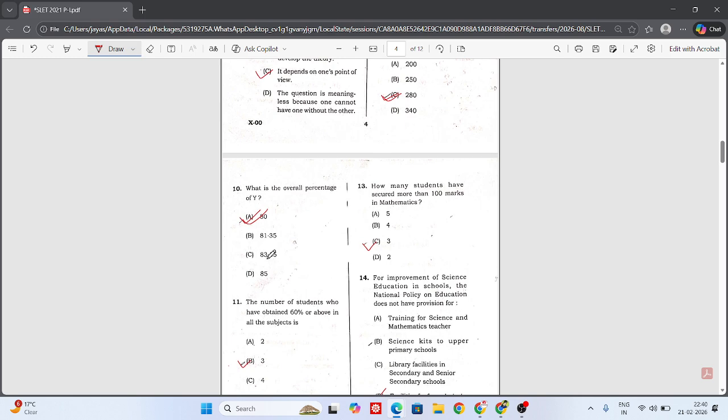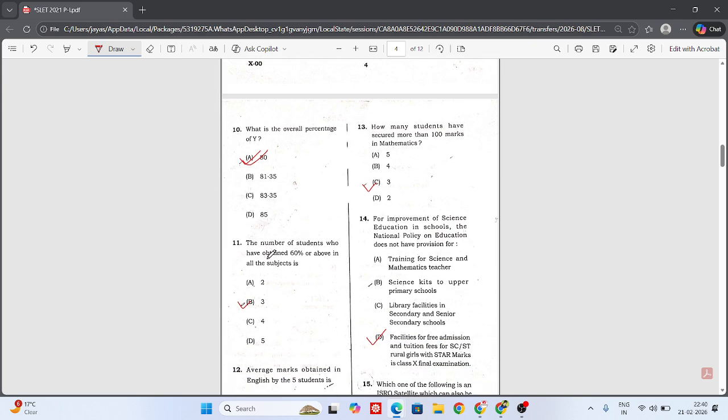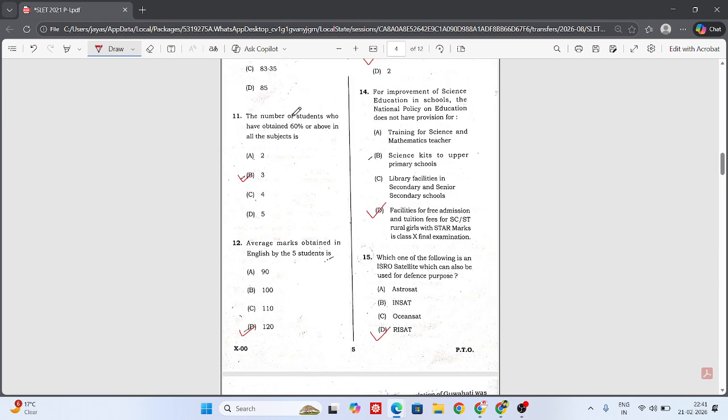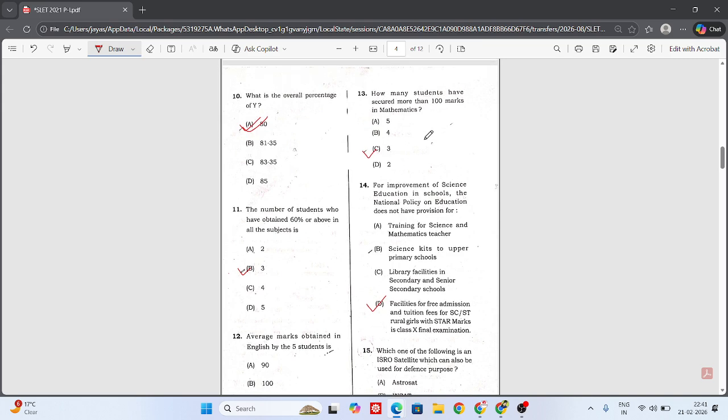If you want the detailed calculation, please comment below. I will make a separate video for this mathematics problem explanation. I'm not explaining here, but you can comment below if you want. So up to 13, that is the problem.